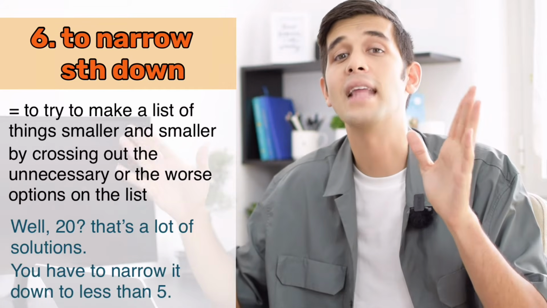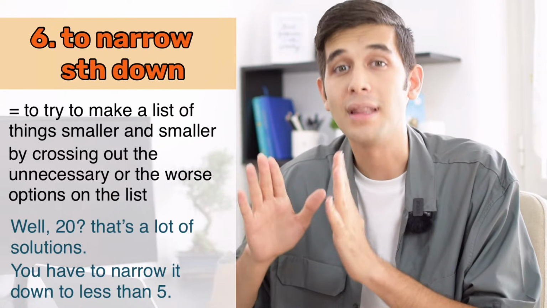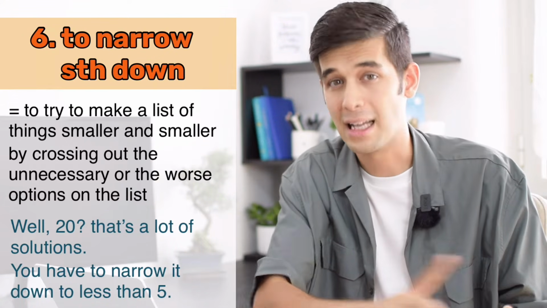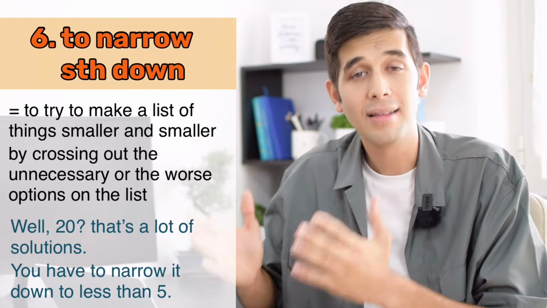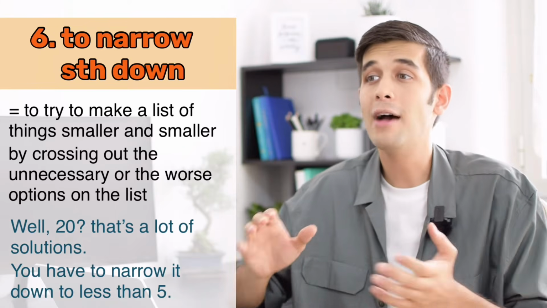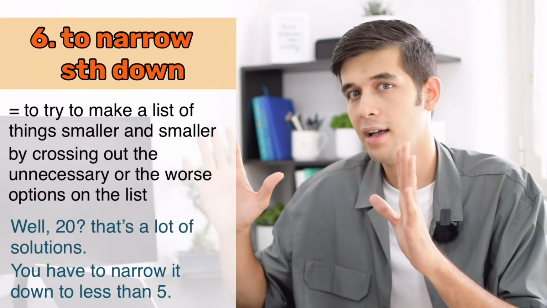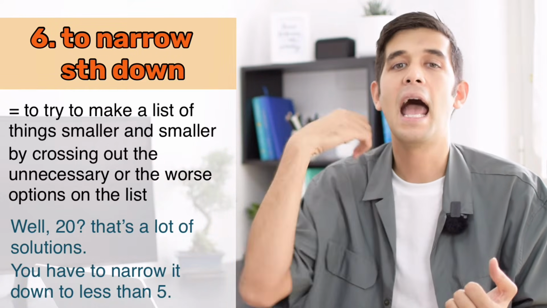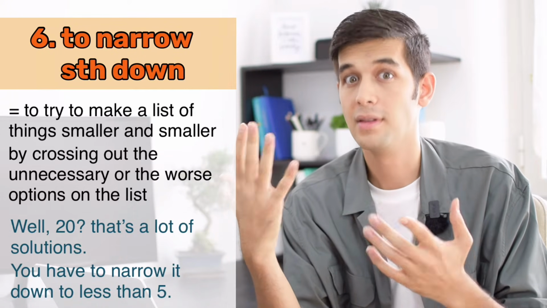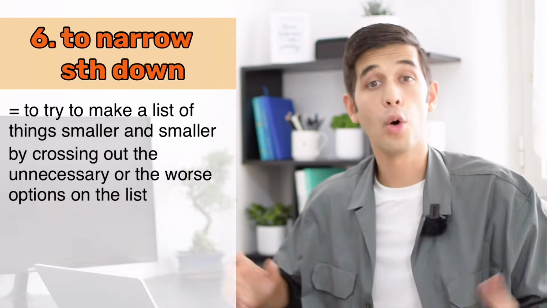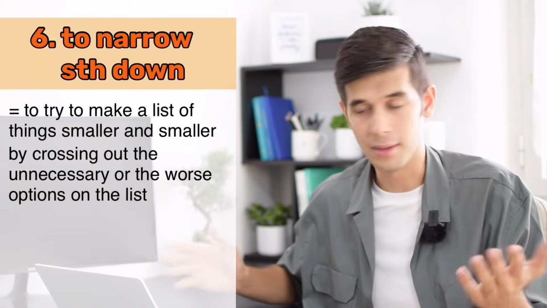You have to narrow it down to less than 5. Now listen up. It means you have to cross out 15 possible solutions and give me 5 very good ones. Narrow it down.